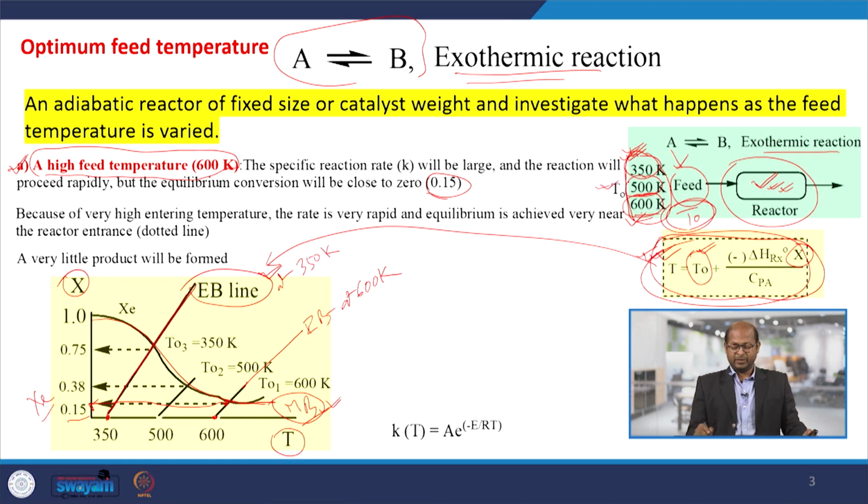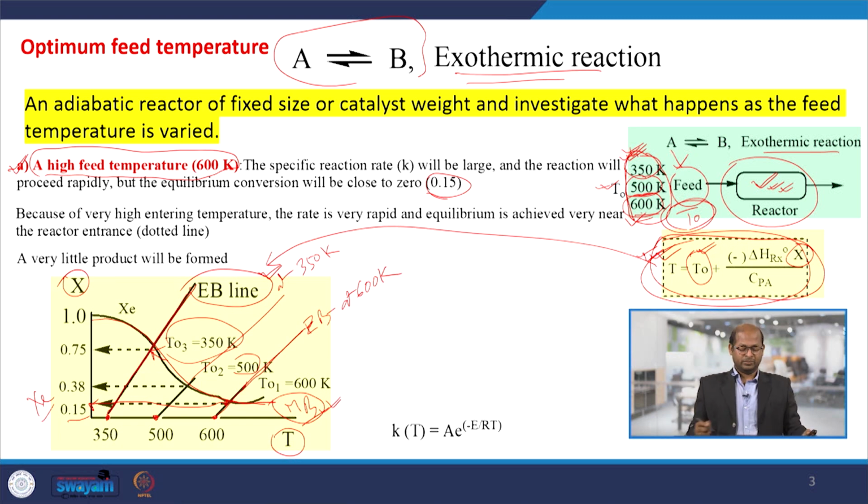If we take 500 Kelvin, the energy balance line starts from here. So when T0 is 350, we get this line. If the feed temperature T0 is 500 Kelvin, we get this one, and when the feed temperature is 600 Kelvin, we start from this energy balance line.